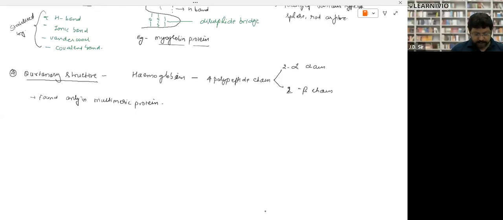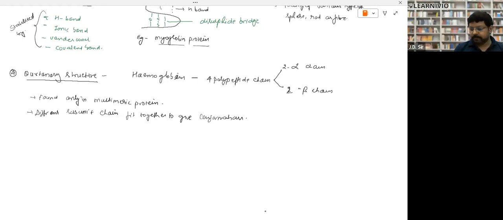The different subunits can fit together to give a conformation. Example is hemoglobin, right? So this was all about types of protein.